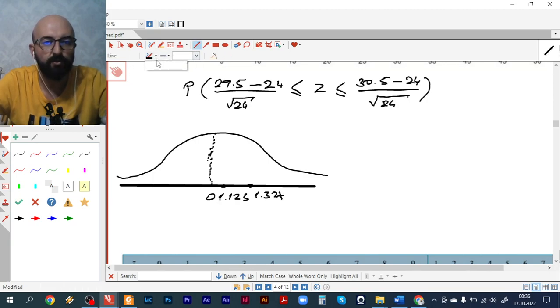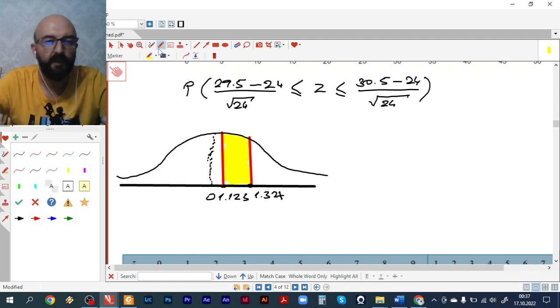We want to compute the right of this point and the left of this point. So we want to compute the area of the normal curve.